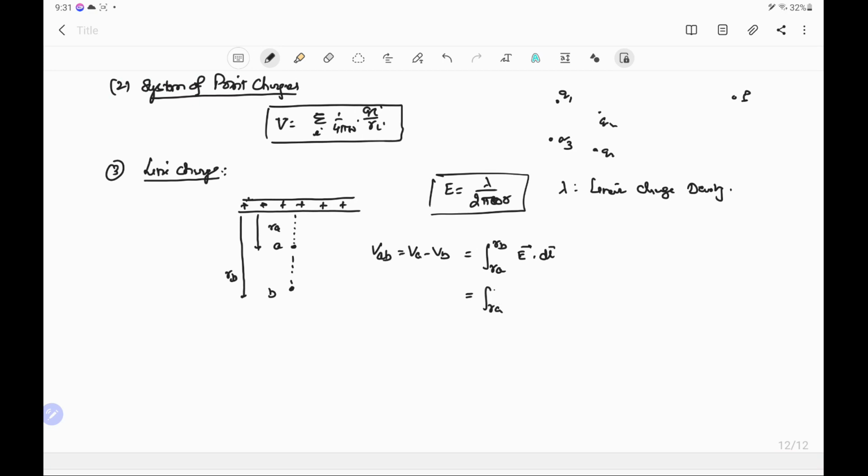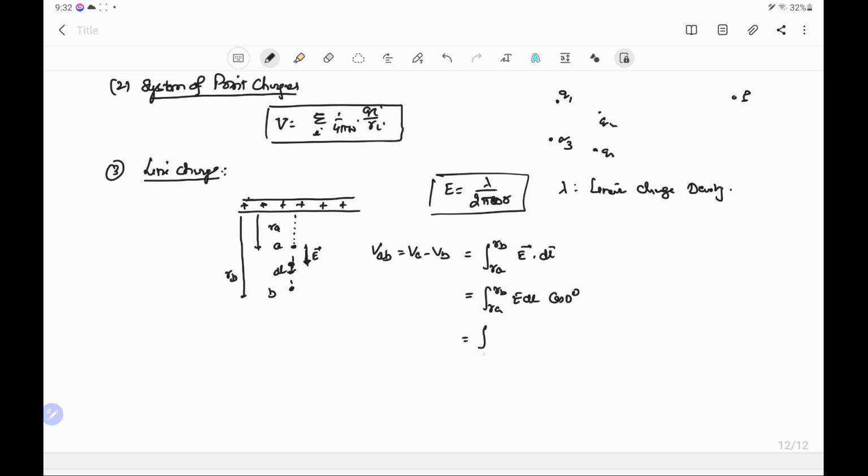So it will give integral Ra to Rb of E dl, and what is the angle between them? Because this is a positive charge, the field will be in the outward direction from the line, so E is along the outward direction, and we are moving from A to B. Taking an elementary length, say dl, or since we are talking about r, we can write dr. Anyway, it is dl, and the angle between them is, because these are parallel in the same direction, cos 0 degree.